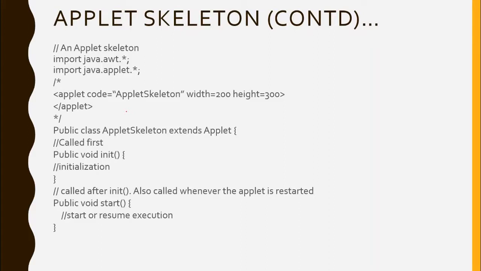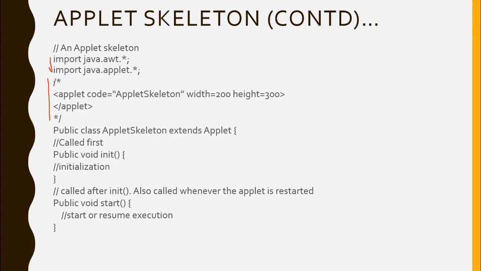So let's look at the skeleton of an applet application. An applet skeleton, as I told, has import java.awt.* and import java.applet.*. This is just a skeleton showing how your HTML is supposed to use an applet code.